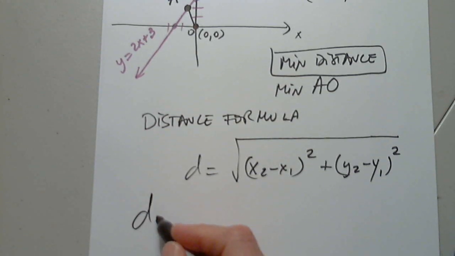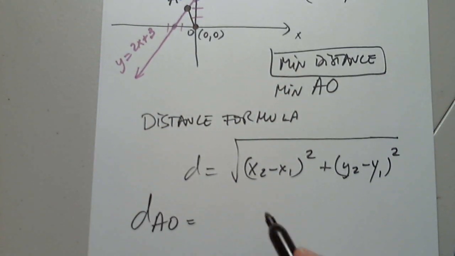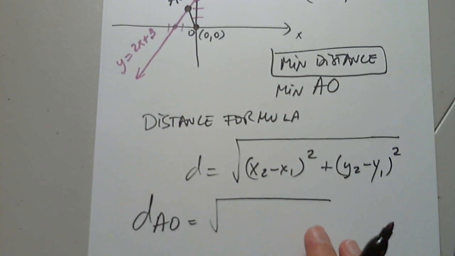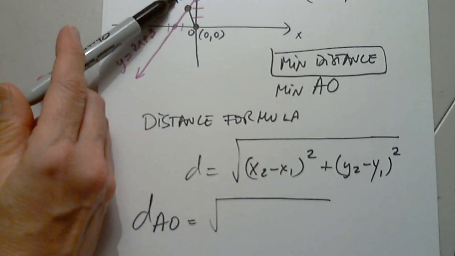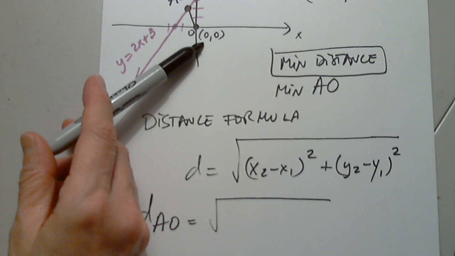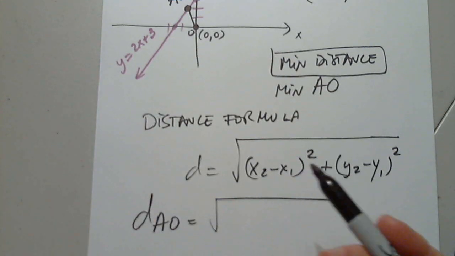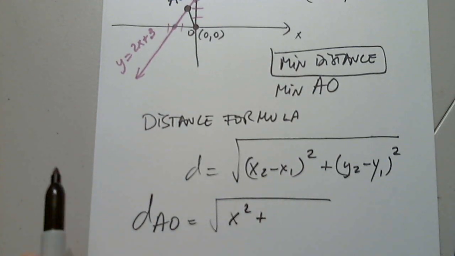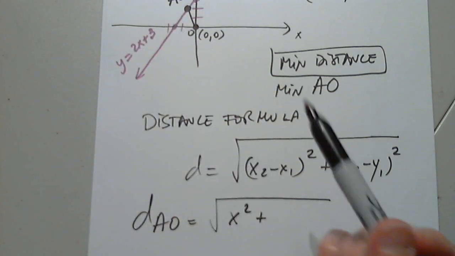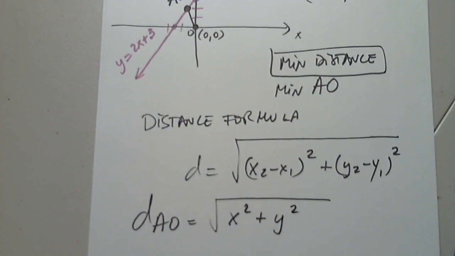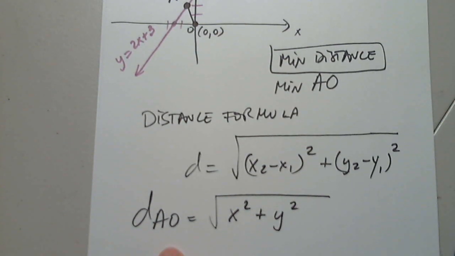So then the distance AO will be the square root of, let's do this together, x2 minus x1, it's x squared, plus y2 minus y1 squared. Awesome. So this is our function.